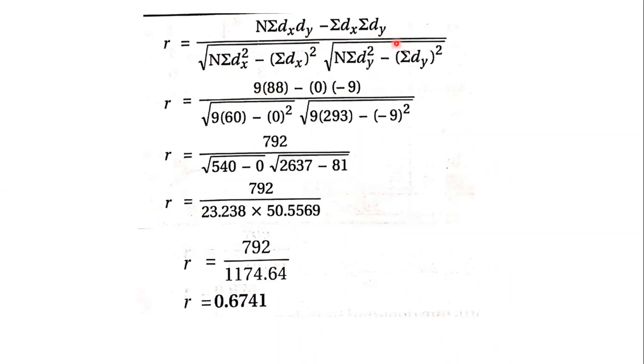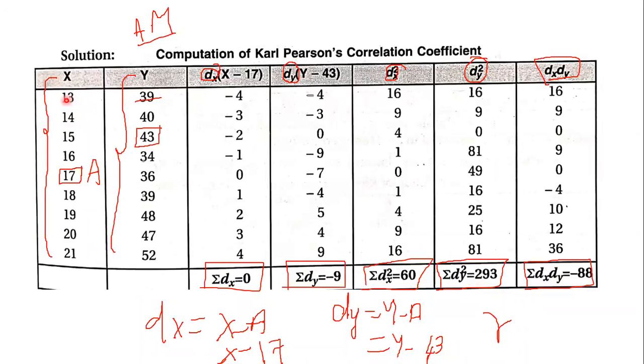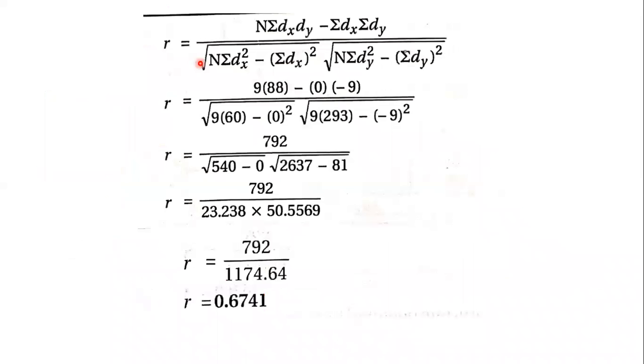Now substitute the values for all of them. N is nothing but 9. How did I get 9? You have the data 1, 2, 3, 4, 5, 6, 7, 8, 9. So N is equal to 9 and sigma dx dy is minus 88, minus sigma dx is 0, sigma dy is minus 9.